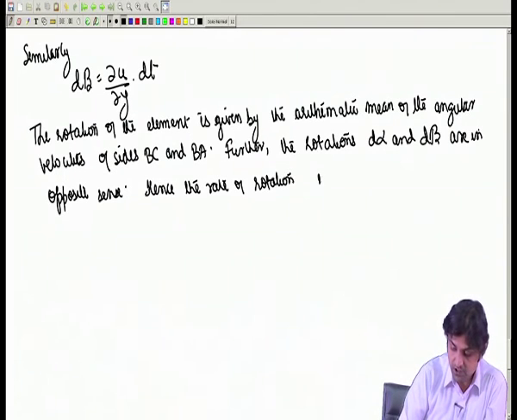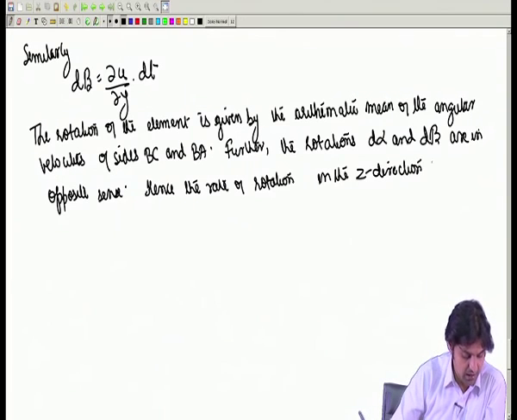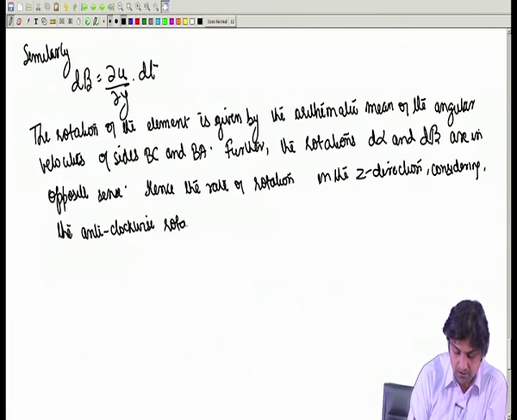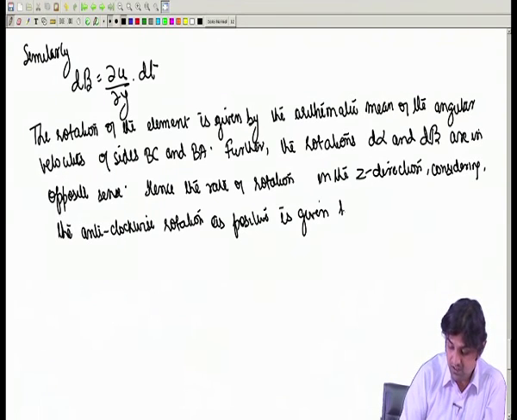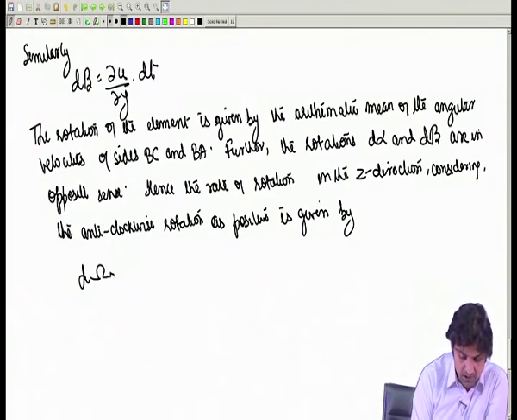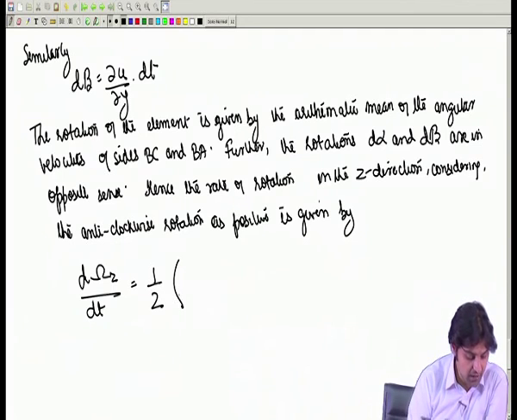Hence, the rate of rotation in the z direction, considering the anti-clockwise rotation as positive, is given by, simple, right?